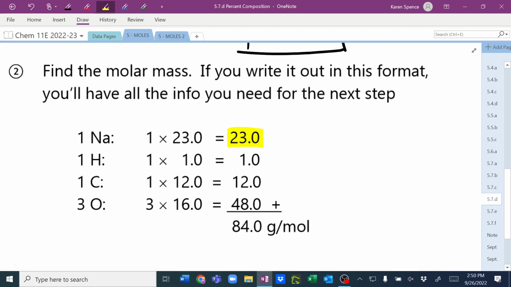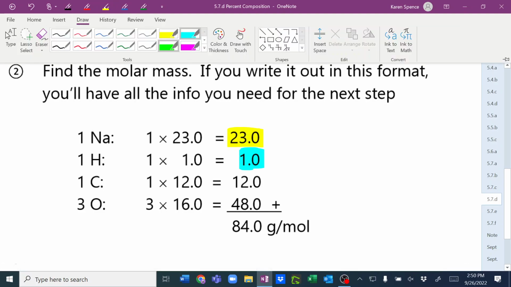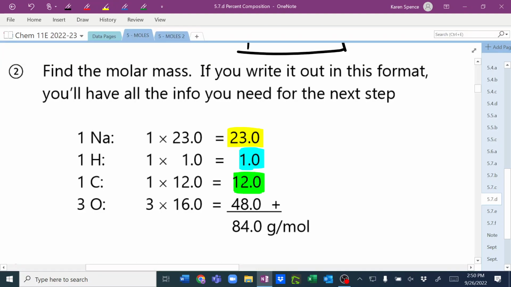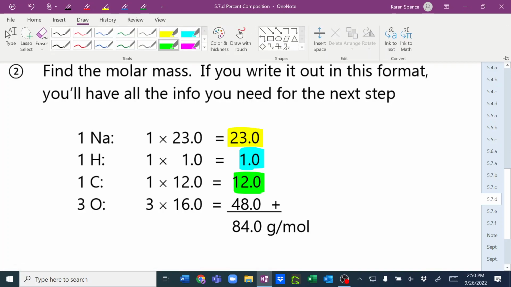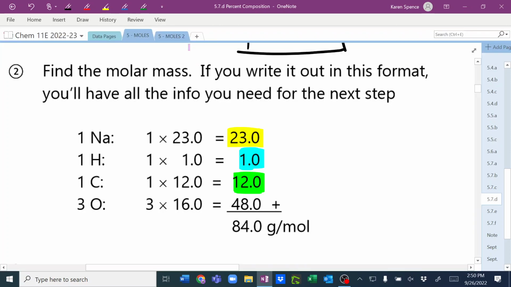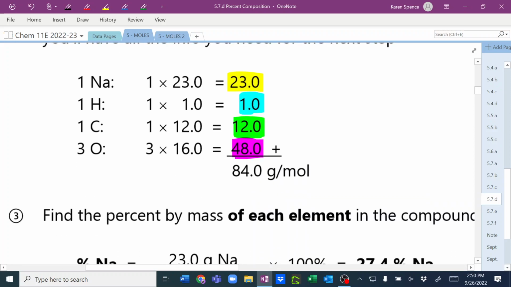I have hydrogen, which has a mass of 1. I have carbon, one of those with a mass of 12. And then finally, I have 3 oxygens in that compound, which gives me 3 times 16 is 48. And then finally, I know my total mass is 84.